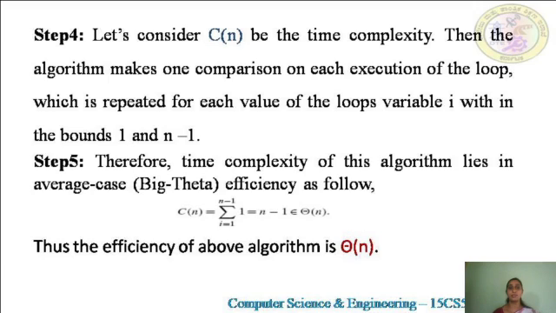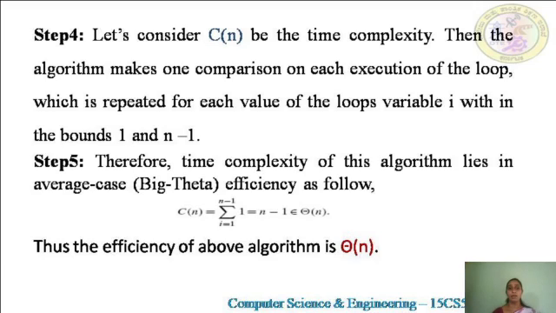And in this fourth step, we identify the sum of comparisons as C of n. Now in the fifth step, we reduce the formula as C of n is equal to sigma of 1, where i takes the value from 1 to n minus 1, which is equal to n minus 1, where n minus 1 is nearly equal to n.